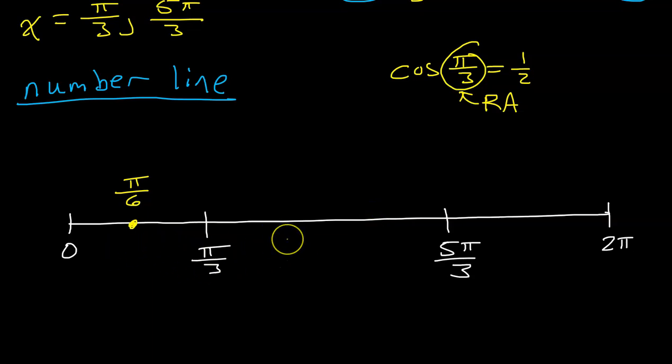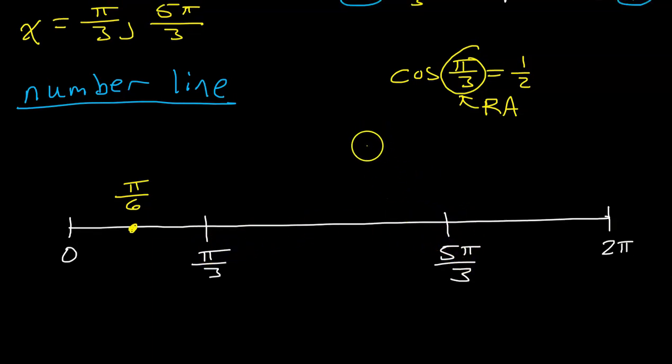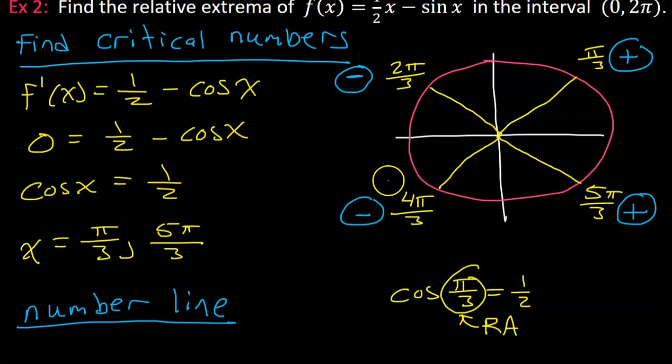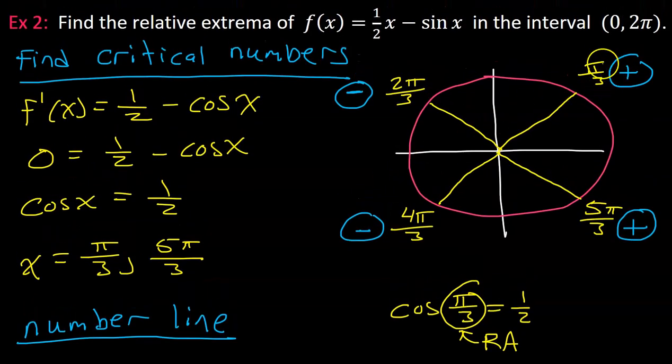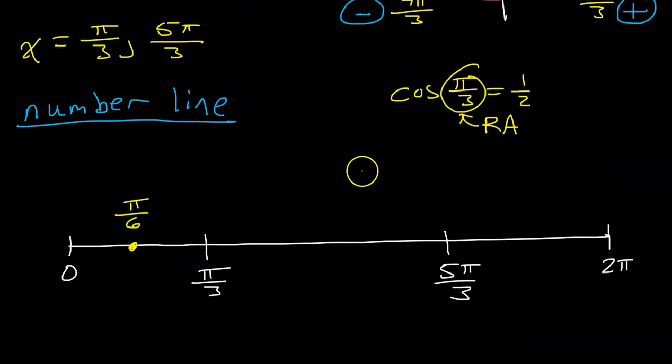Okay, what about between pi over 3 and 5 pi over 3? Let's look at our unit circle. So here's pi over 3, and if I go all the way around and back, then I'm getting to 5 pi over 3. I can pick anything between here and here, anything at all. So why not pick pi? That's nice and simple. Pi is between pi over 3 and 5 pi over 3.